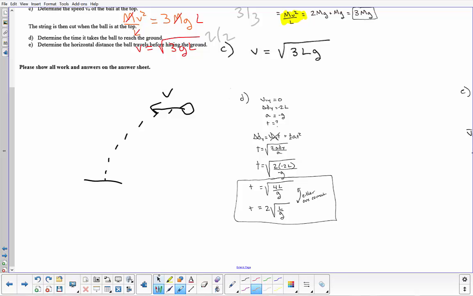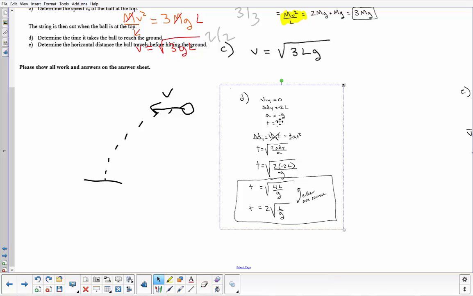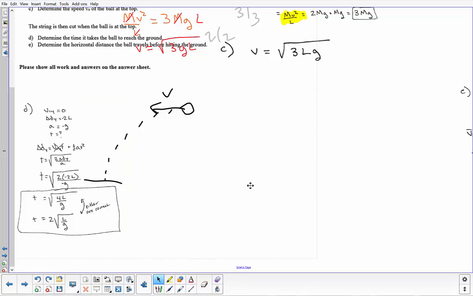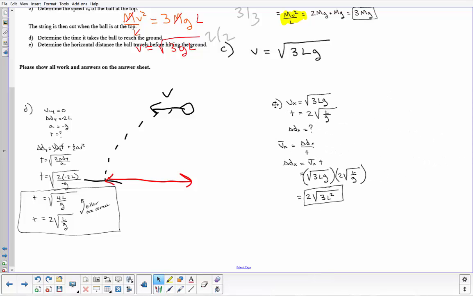We're probably going to need this for part E, so let's keep this out. And we're looking at part E. We want to know how far forward it actually travels. Now we want to know that horizontal range. So we're looking at the x dimension, or horizontal dimension here. Let me point out a knowns list to go with this.